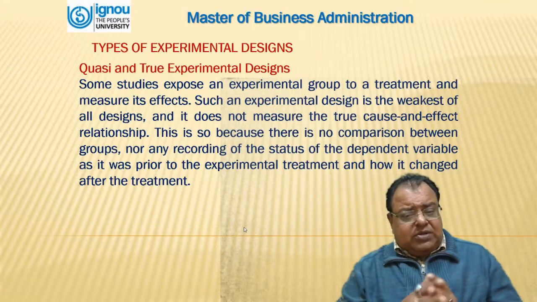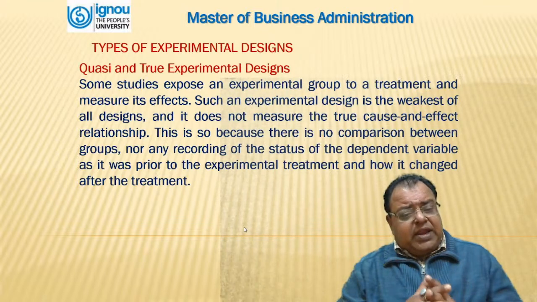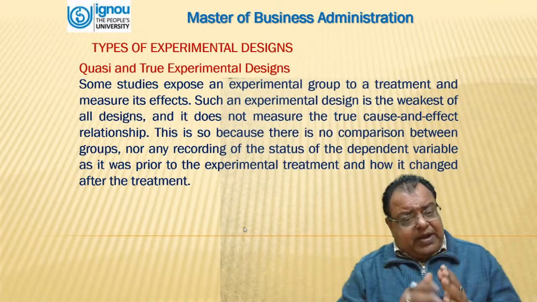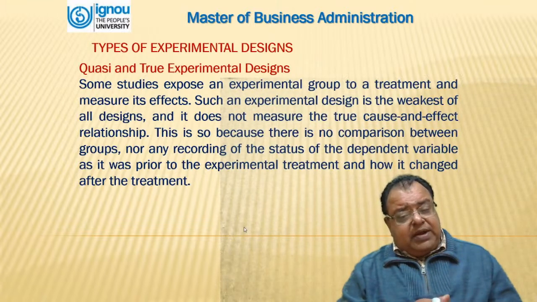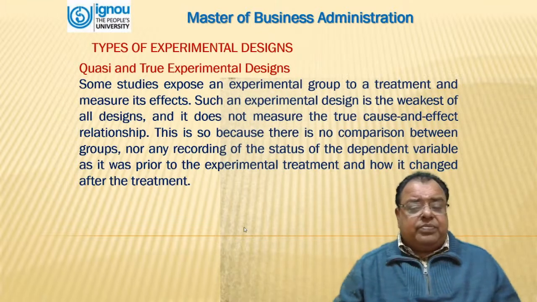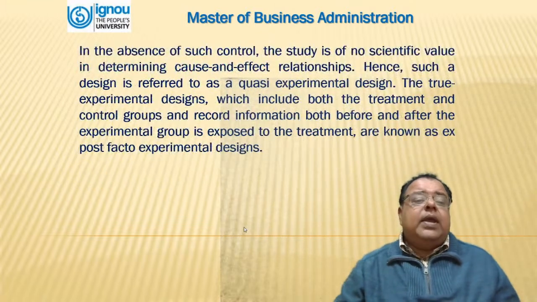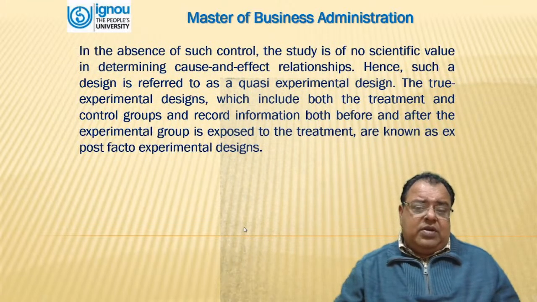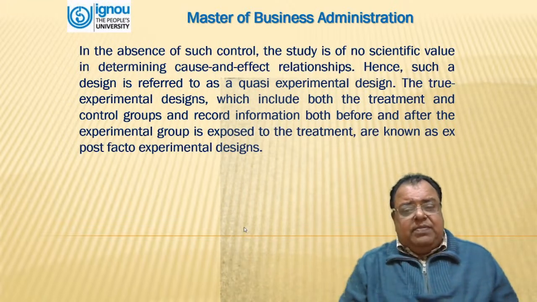This is so because there is no comparison between groups, nor any recording of the status of the dependent variables as it was prior to the experimental treatment and how it changed after the treatment. In the absence of such control, the study is of no significant value in determining cause and effect relationship.